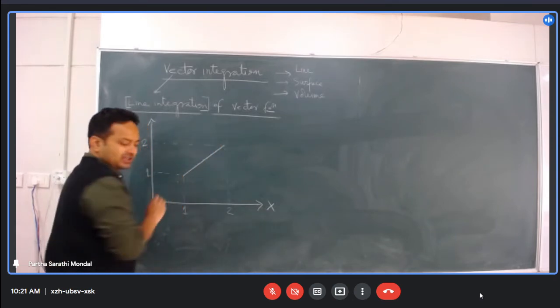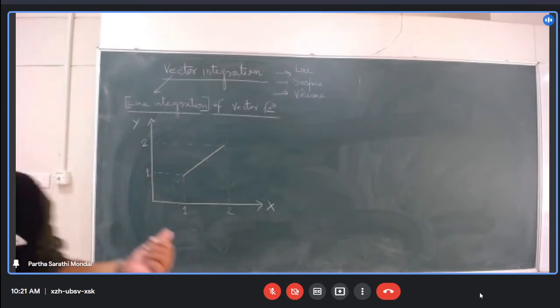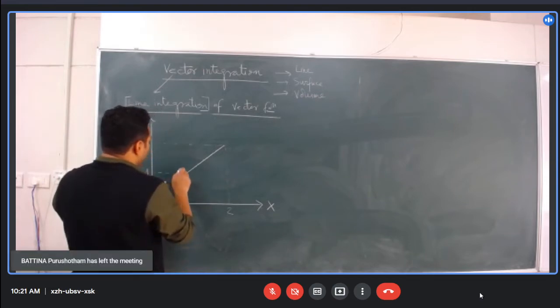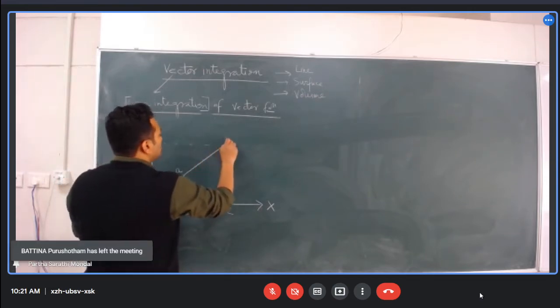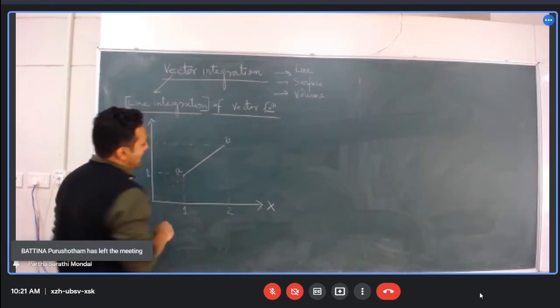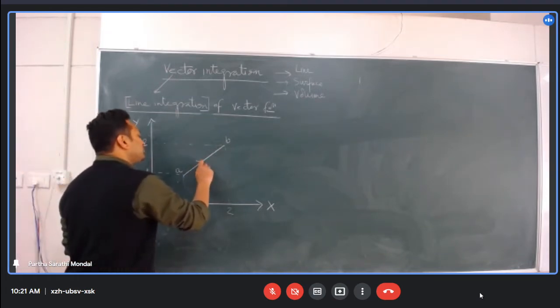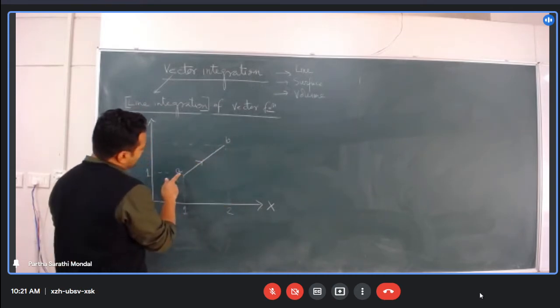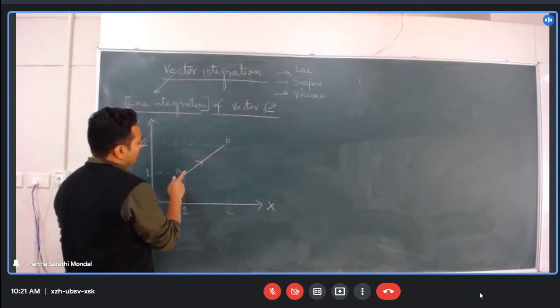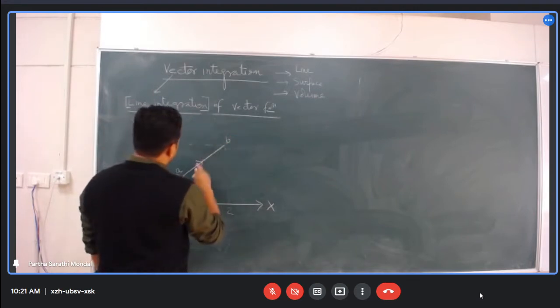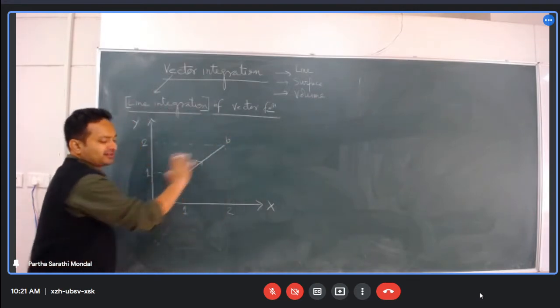Let's say we are pushing a particle from A to B. I don't know in which path. Let's say we define 2 paths. One is directly through this line. You push the particle from A to B, from here to here, through this line. So we will get a line integral along this line.